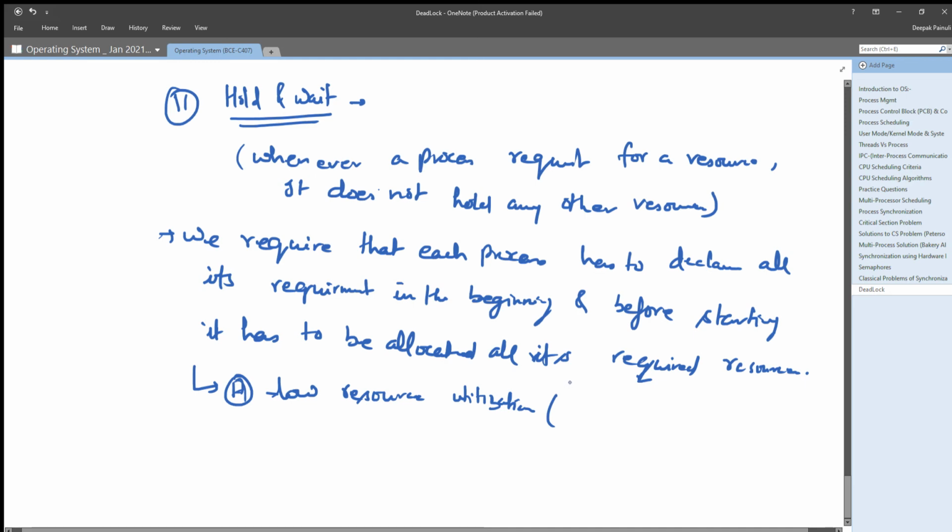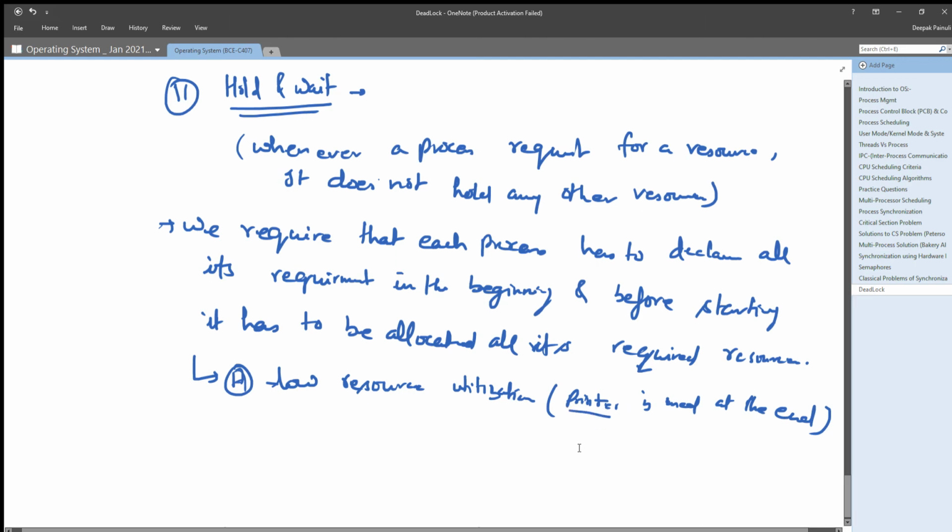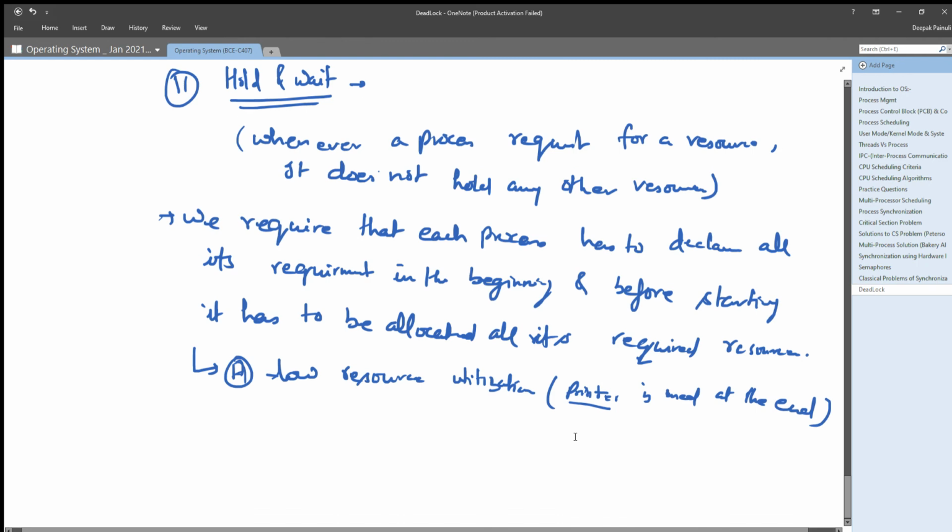If this is happening, there will be low resource utilization. The printer is used at the end, so the resource printer will be utilized very little, because we cannot share the printer beforehand.